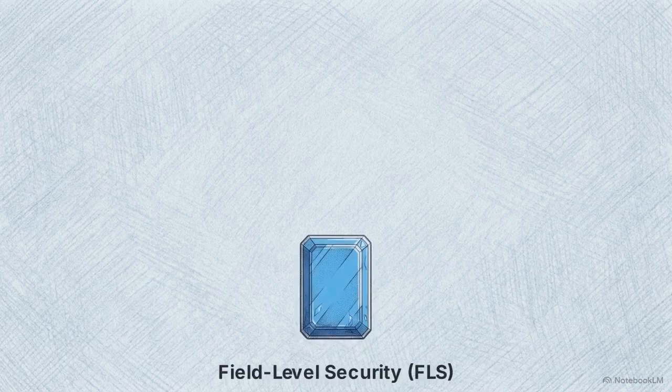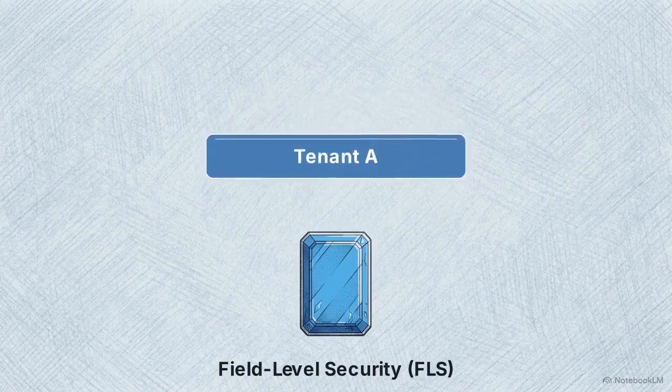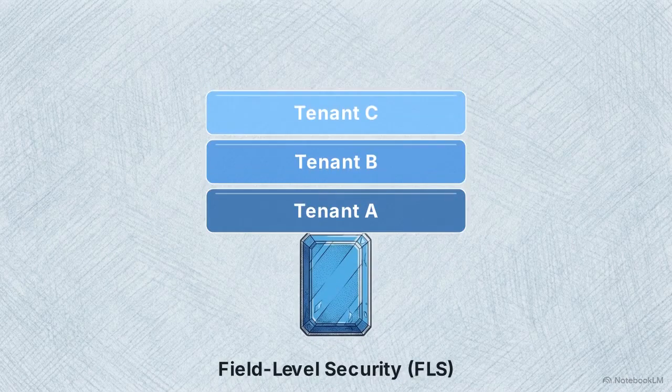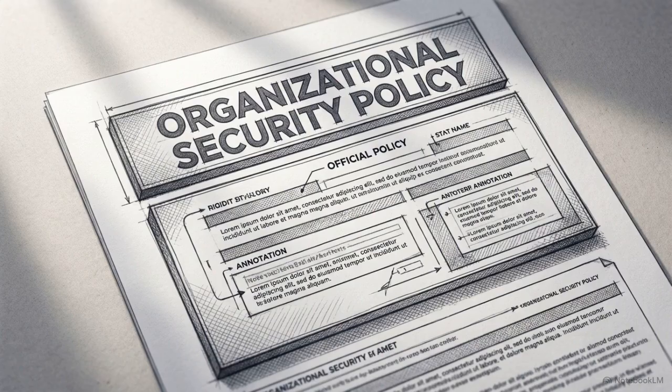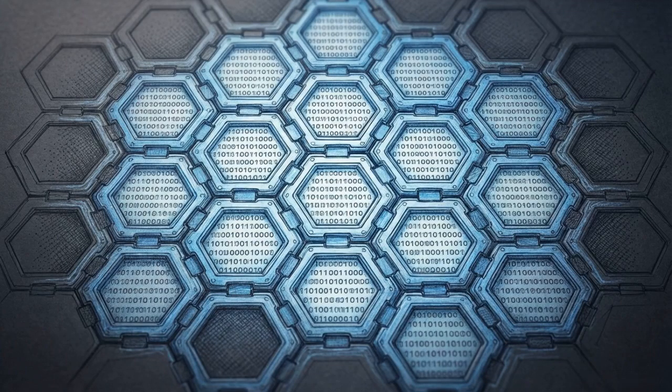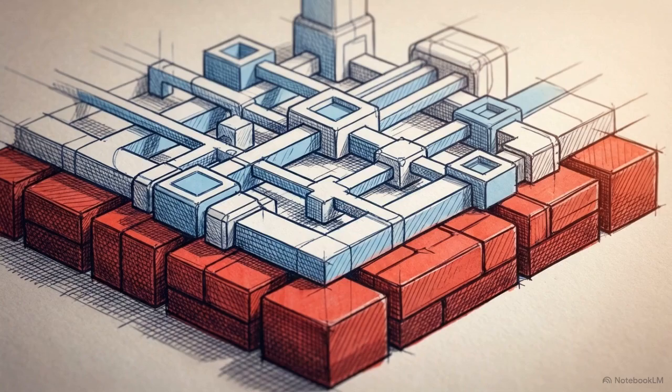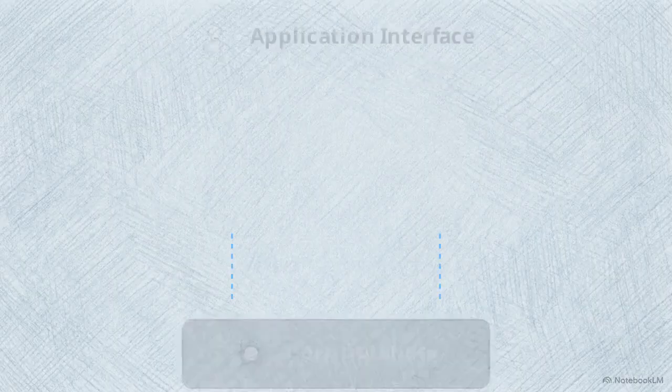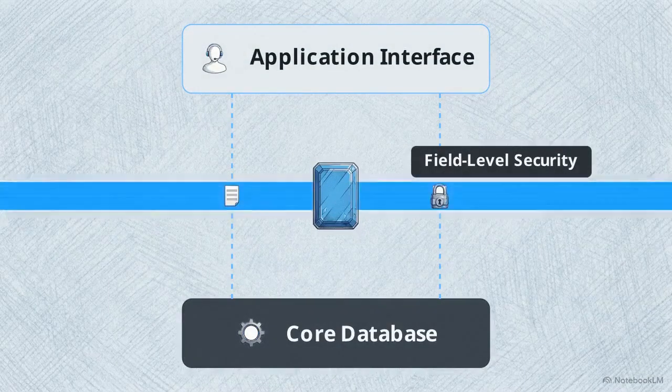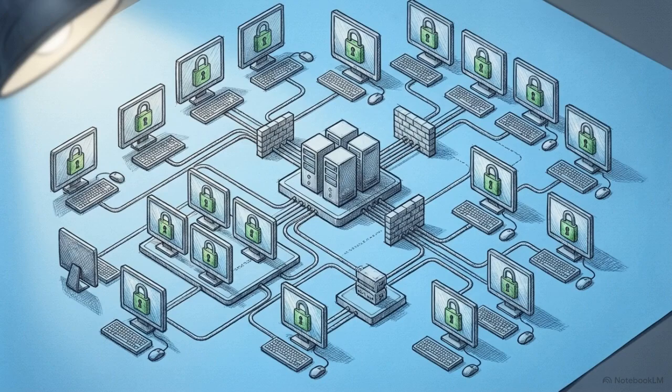A proper, rigorous implementation of FLS serves as the foundational mechanism for proving data privacy compliance within a multi-tenant CRM. It takes theoretical organizational security policies and transforms them into mathematical constraints permanently locked within the database architecture. Field-level security provides a mandatory architectural layer that protects data integrity and shields the organization from exposure.